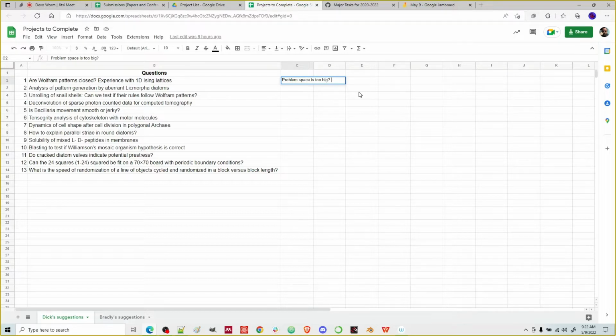Yeah, the original Ising lattice by Mr. Ising was one-dimensional. Right. And it has a funny history. It was supposed to be a model for magnetism and the phase transitions that occurred during magnetism, and it was a total failure.